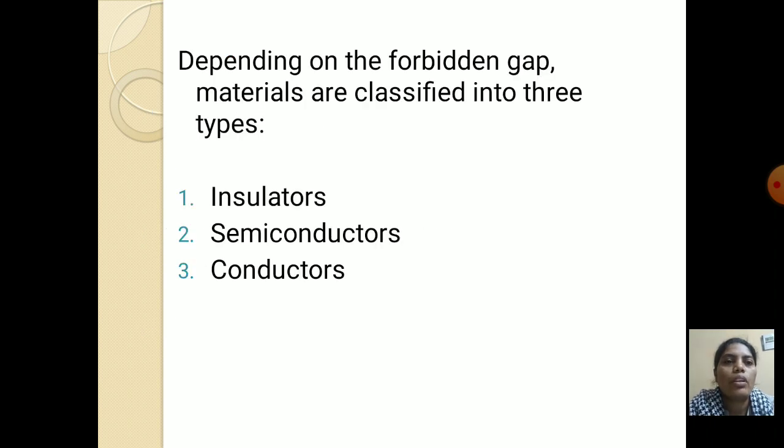Now, depending upon the forbidden gap, which we have seen in the previous class, that is the gap between valence band and conduction band, the materials are classified into three types: insulators, semiconductors, and conductors.